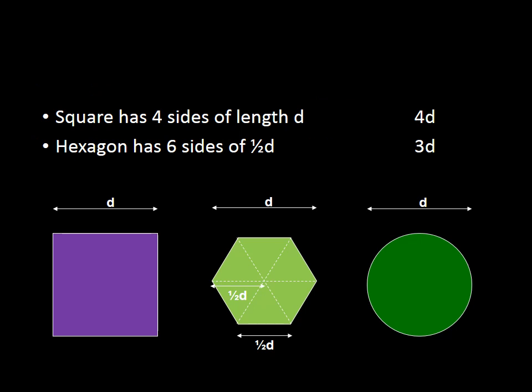Square has 4 sides of length d, so the perimeter is 4d. Hexagon has 6 sides of half d, so perimeter equals half d into 6. It is equal to 3d. Then what is the perimeter of the circle?